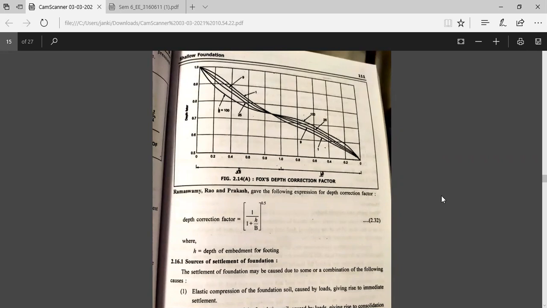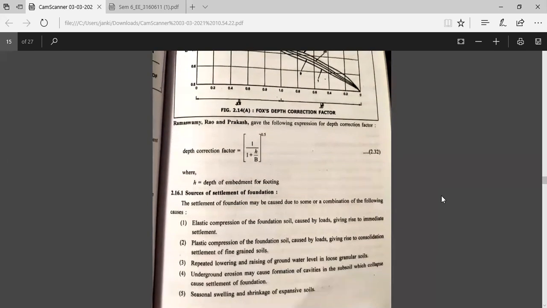Ramaswamy, Rao and Prakash gave the following expression for the depth correction factor: the depth correction factor is equal to 1 divided by (1 plus h by b) whole raised to 0.5. Here h is the depth of embedment of the footing.